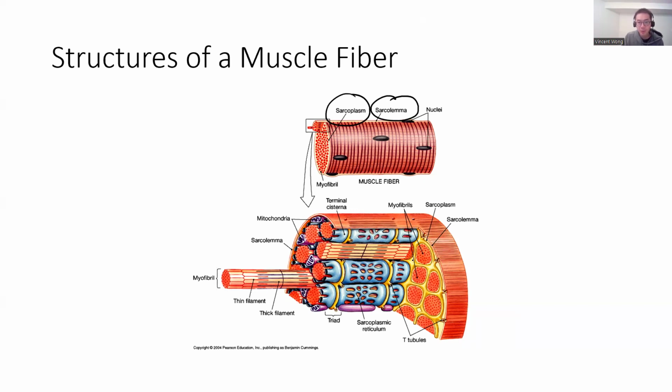And you can see the T tubules, which are all this yellow network. It goes all the way to the surface, and there's like a hole there. Okay, and that's important for later. So those are the T tubules, and then you basically have a network that wraps around the myofibril.